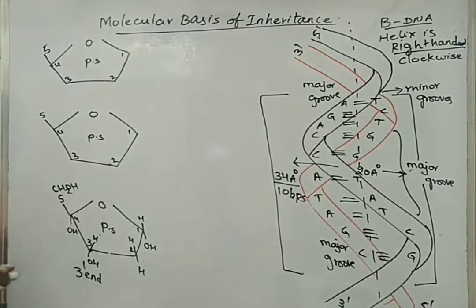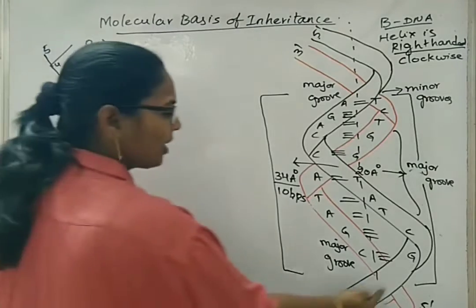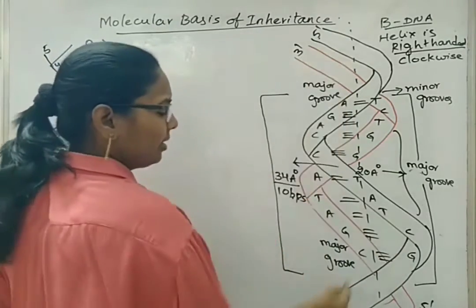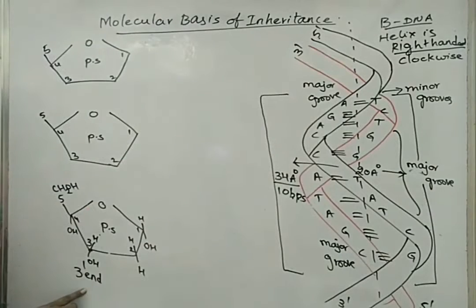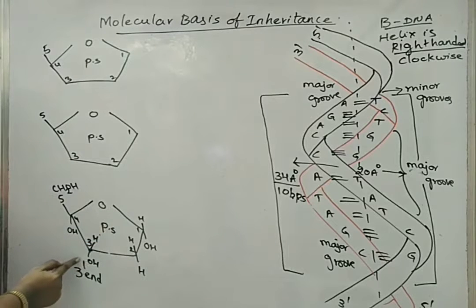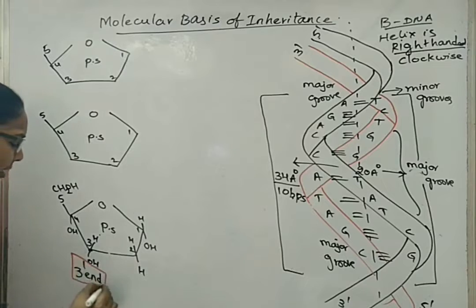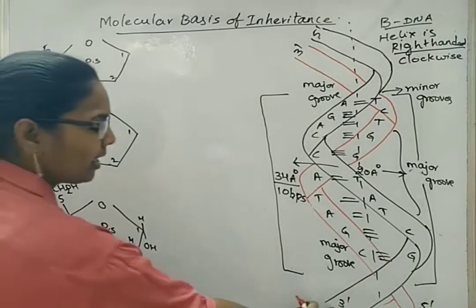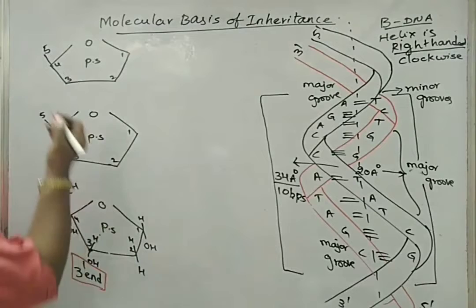What is meant by 3'? Think this is one complete strand of DNA. This small strand has one end with the 3 carbon position hydroxyl group. It is ending there, nothing is extended. Such an end is called the 3' end of the DNA fragment.